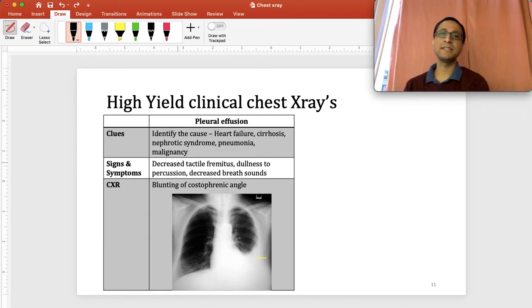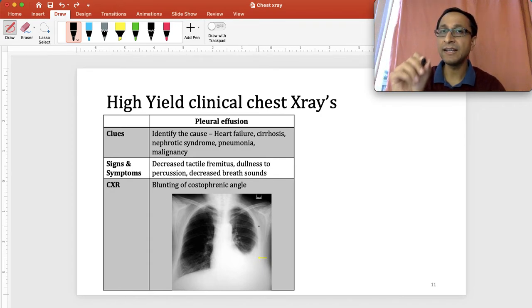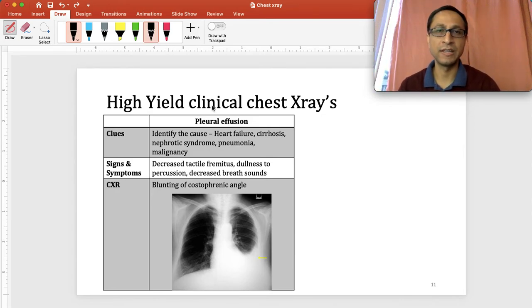So tactile fremitus would be decreased. Dullness to percussion, because anytime we have fluid, whether in the abdomen or the lungs, there is dullness to percussion. And then we have decreased breath sounds because the fluid is covering that area.